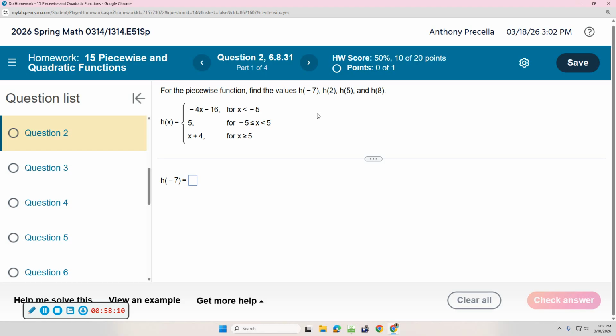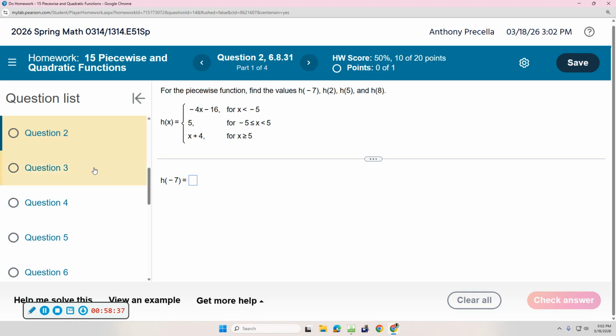Okay. They ask us to find h of negative 7. While he's writing down, let's review that definition of function that we saw on Monday. For every x, there can only be how many y values? For each individual x, there can be only one y value.